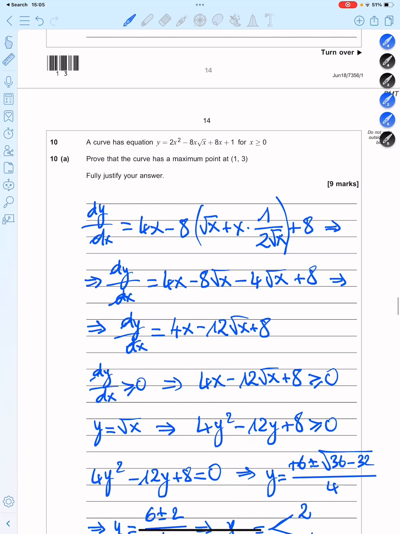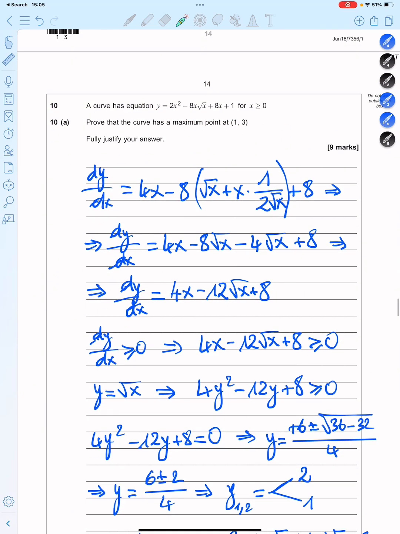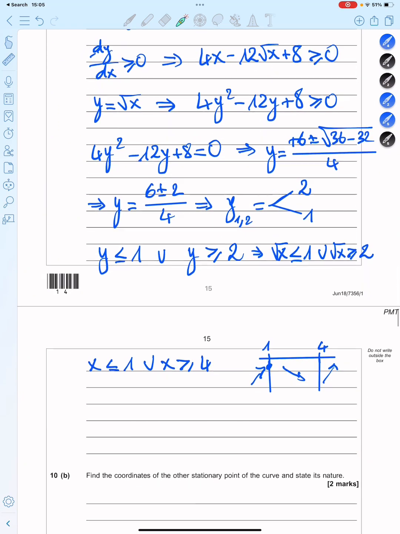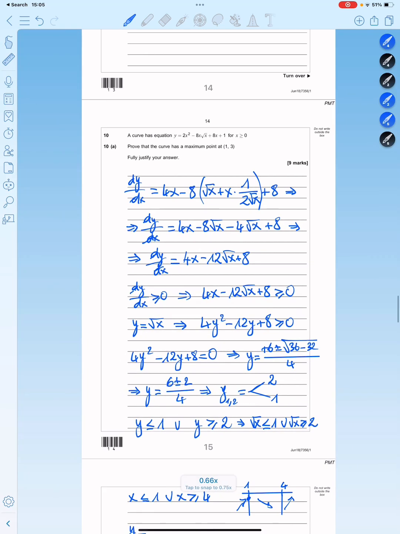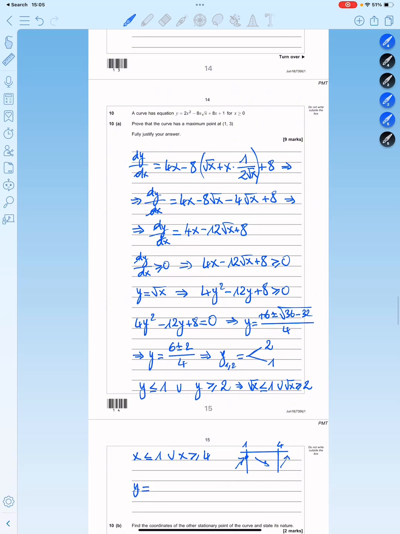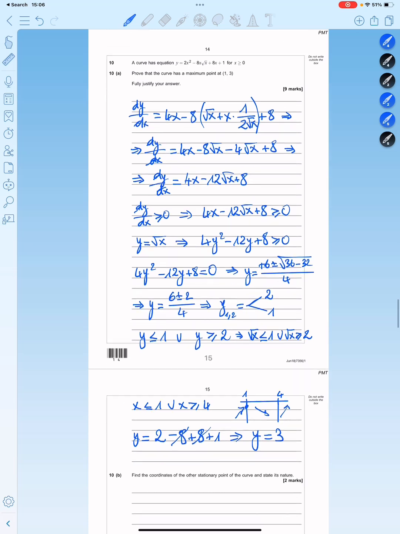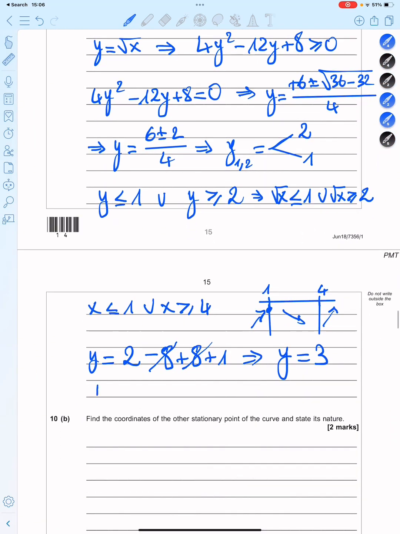We just sub in 1 into this equation here, and therefore we're going to have y equals 2 times 1 squared, which is basically 2, minus 8 plus 8 plus 1. The 8 and minus 8 cancel out, and this implies y equals 3. Therefore we have a maximum point at (1, 3), as we wanted to prove.